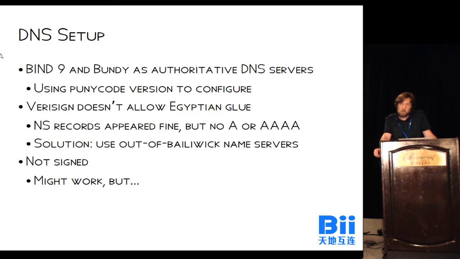Unfortunately, I couldn't do in-bailiwick name servers because VeriSign doesn't allow Egyptian hieroglyphic glue. I don't know why. Even as Unicode, I think it'd be okay, but it doesn't seem to work. They didn't support the A and AAAA records. So I just used out-of-bailiwick name servers, which is quite normal, a little disappointing, but there you go.